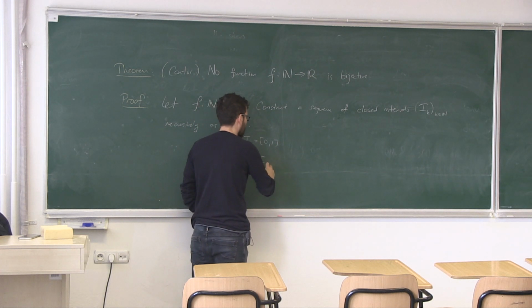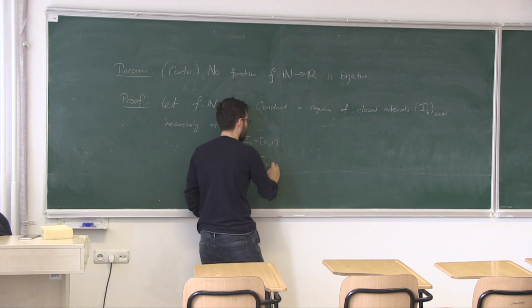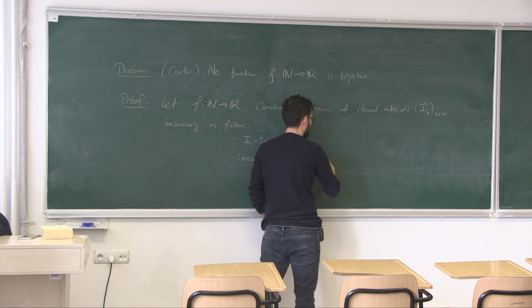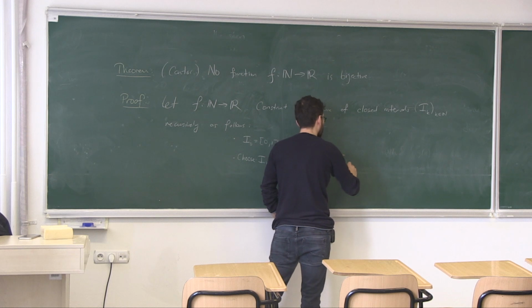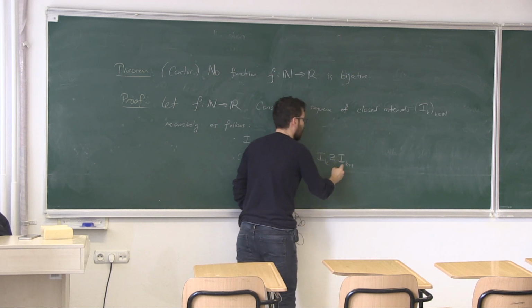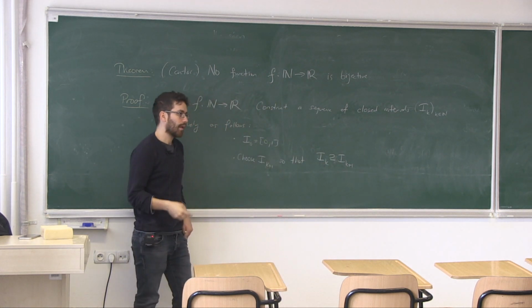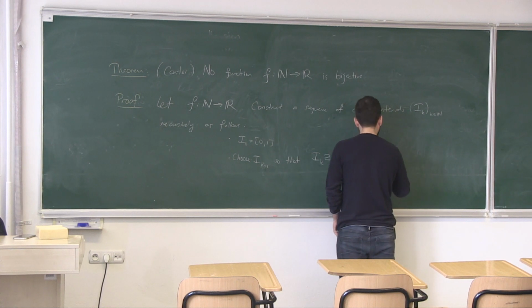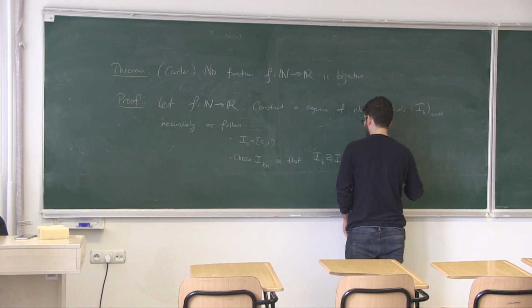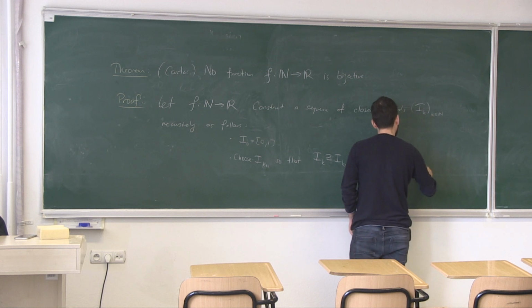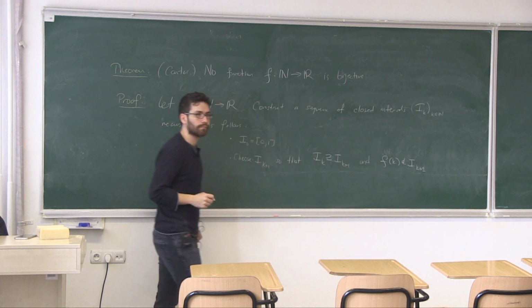Choose I sub k plus 1 so that two conditions are satisfied: it is a subinterval of the previous interval, and f of k is not in I sub k plus 1.